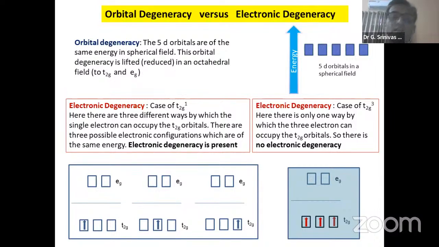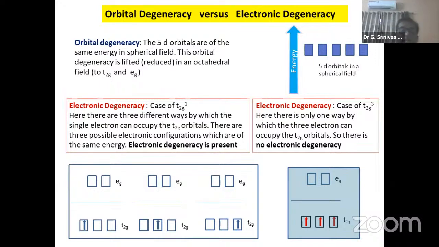So generally, orbital degeneracy is different from electronic degeneracy. Here the d orbitals are of equal energy in the spherical field, but when an octahedral crystal field forms, the degeneracy is removed, t2g orbitals will be formed and eg orbitals will form.